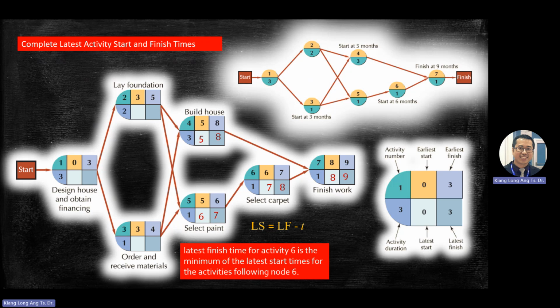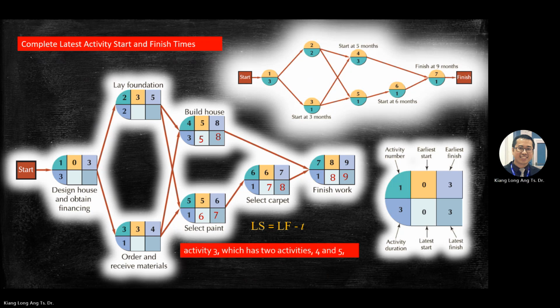Latest start means you must start already, otherwise you die. So here, activity number 3, you got 2, 5 and 6 to choose. So here we will choose the minimum time. Just now we chose maximum, right? When you do backward, we will choose the minimum time it needed.